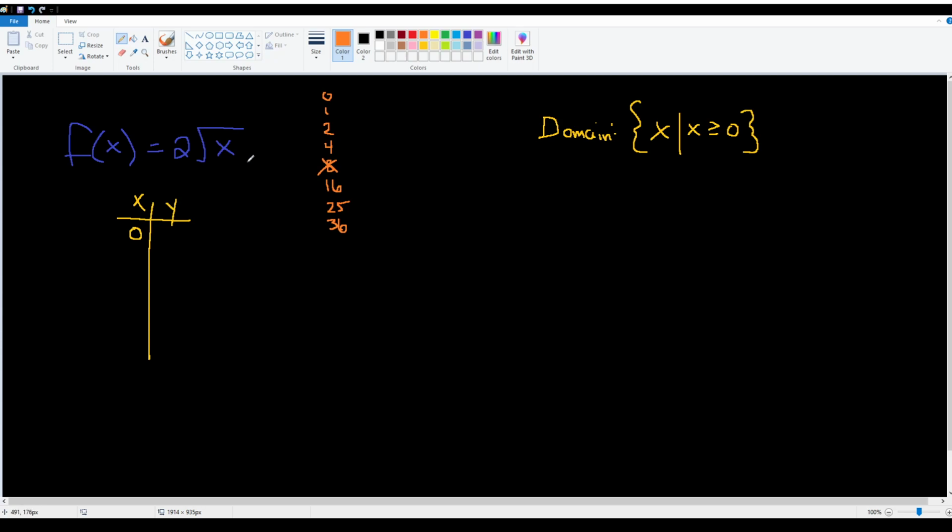So it will make it a little bit easier to take the square root of it. That's simple. If you don't like doing that, that's fine. You can always just go x being 1, 2, 3, and 4.